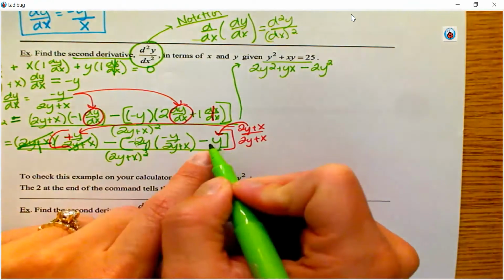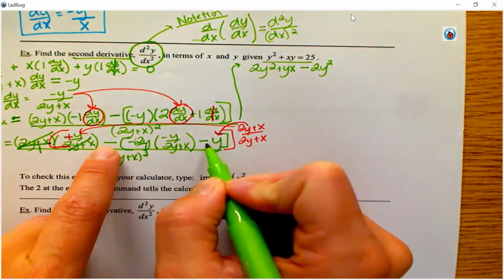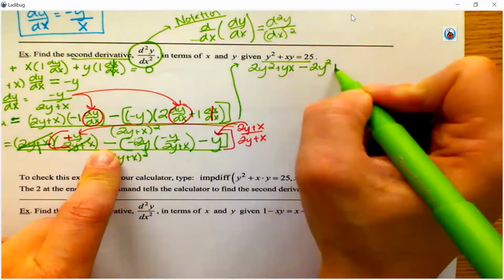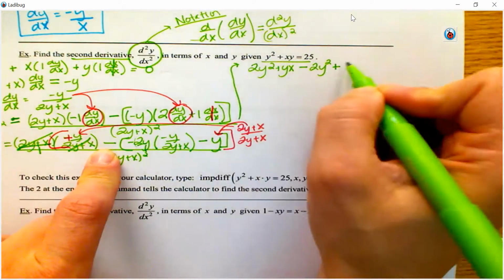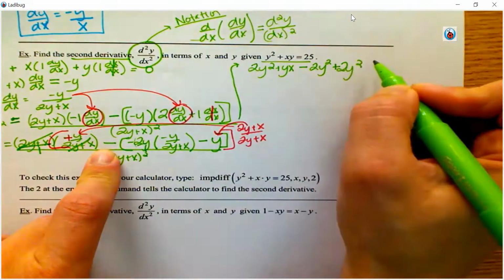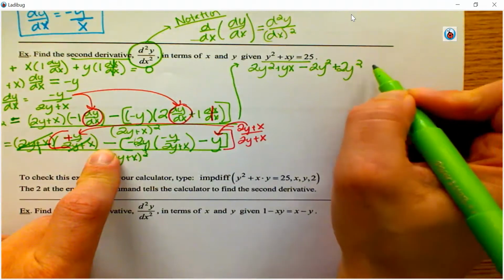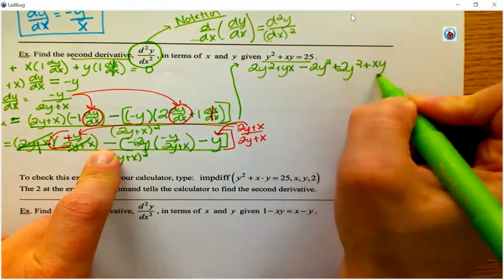But this minus y is a minus y times a negative out here, these two negatives. So that's actually plus 2y squared plus xy.